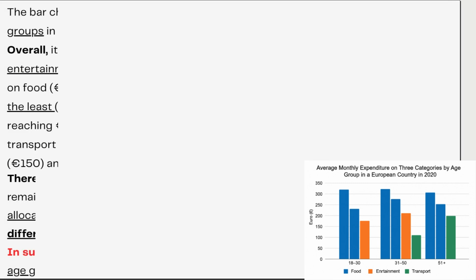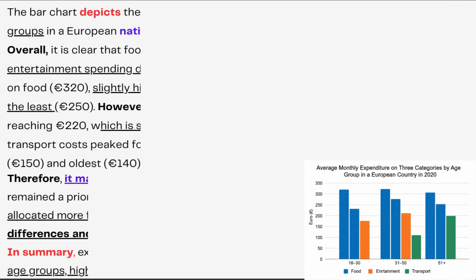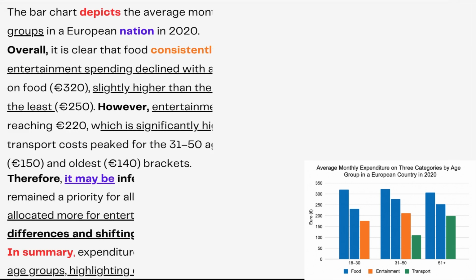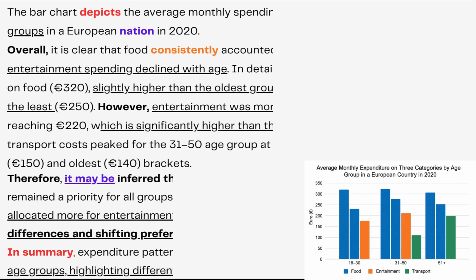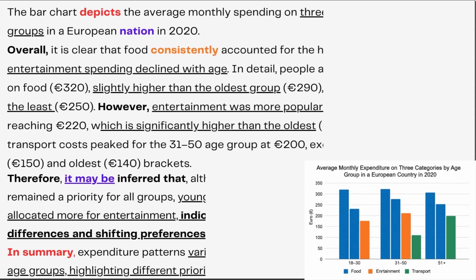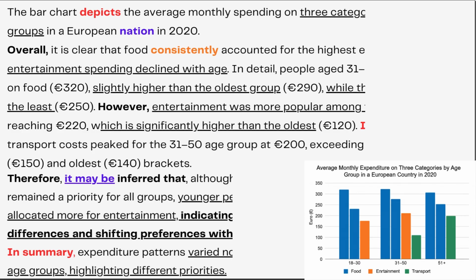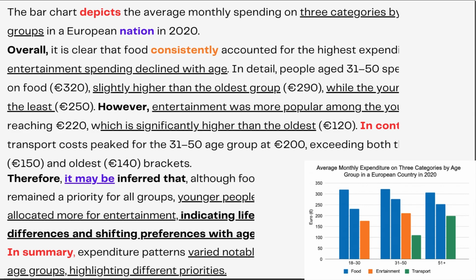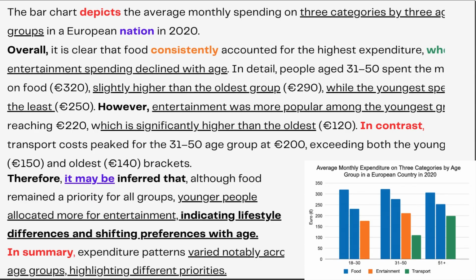I have made a slide for you guys in which the whole task one is collected, and even the bar chart is given, so you can thoroughly read it and understand how the words are connected, how the sentences are connected, how the ideas are joined together, what kind of linkers and conjunctions are used, and how the statistical data is arranged.